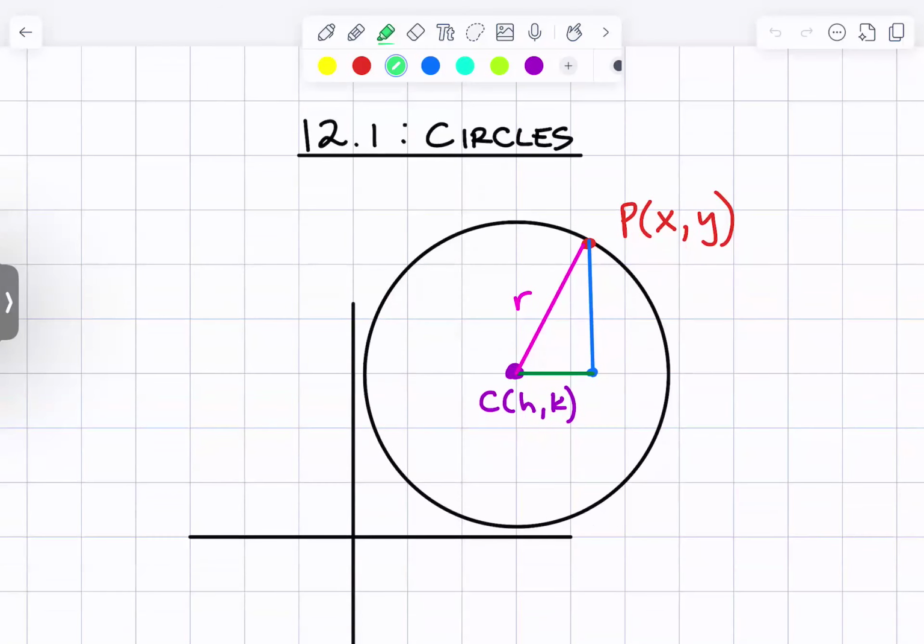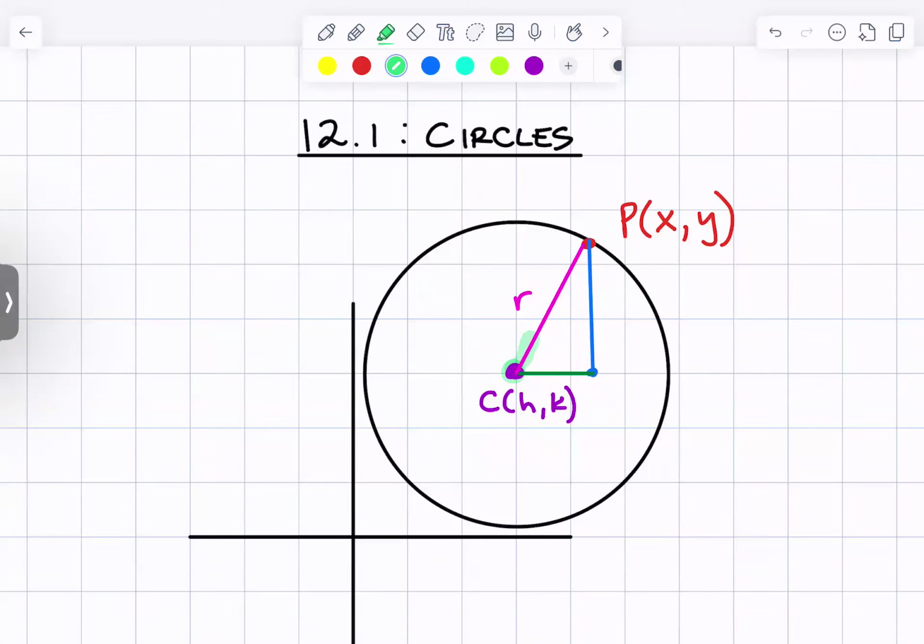So to understand the circle equation, you have to understand how the circle is built. And we know that if C here, that purple point, is the center for C, the X comma Y coordinate of that center point is H comma K. All right.